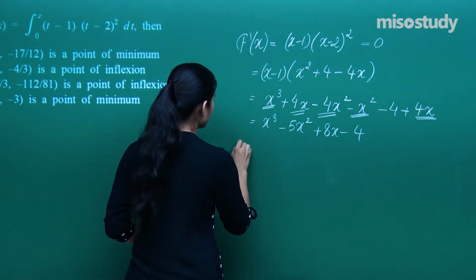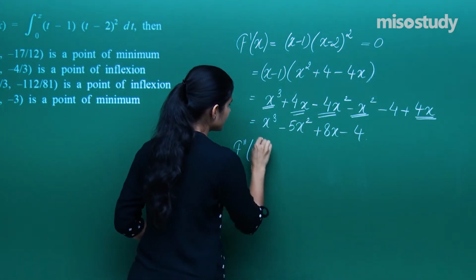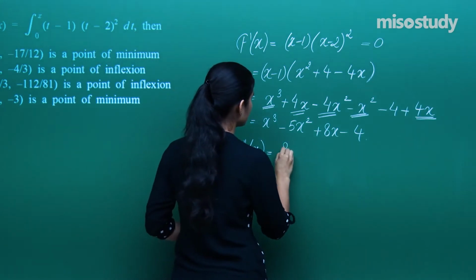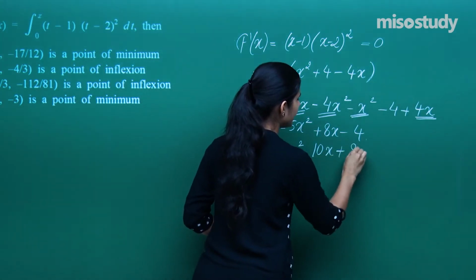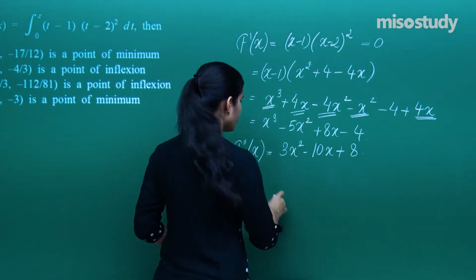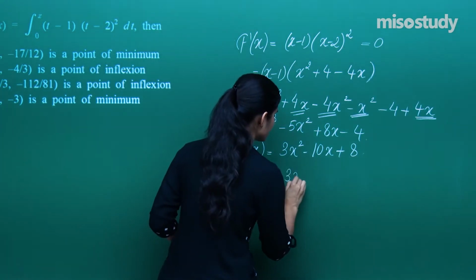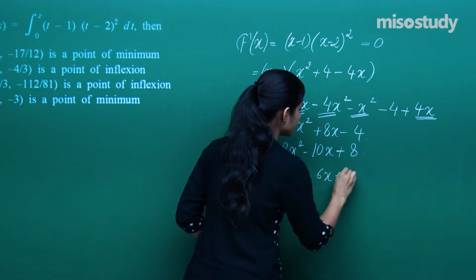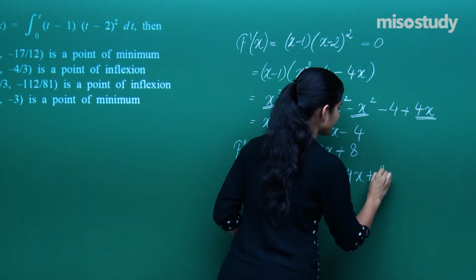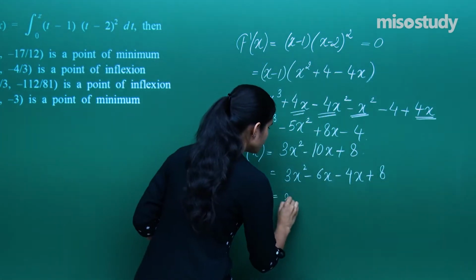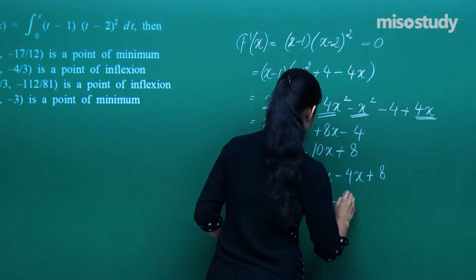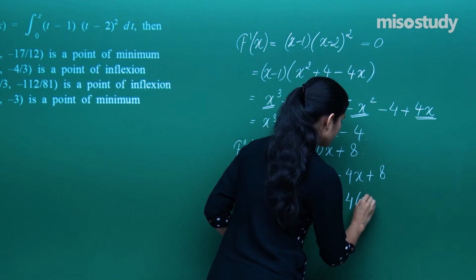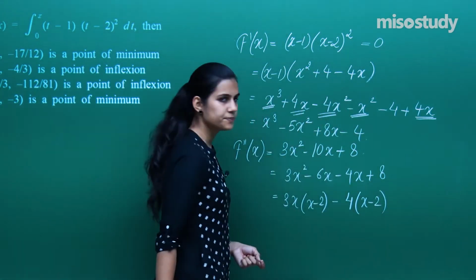When I am talking about f double dash x, this eventually comes out to be 3x square minus 10x plus 8. So when you break this up, what you get is 3x square minus 6x minus 4x plus 8. This gives you 3x(x minus 2) minus 4(x minus 2).